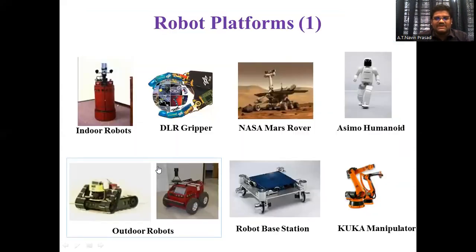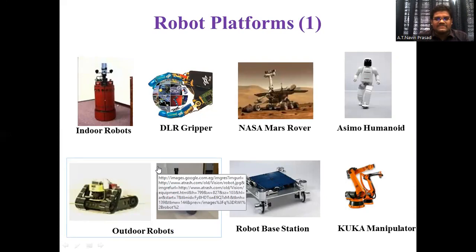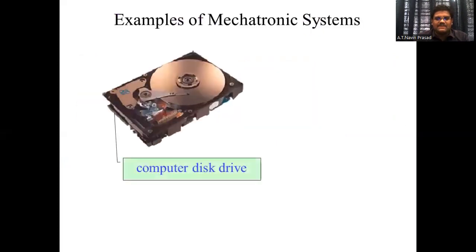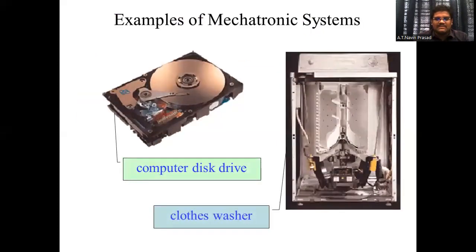So these are some of the robot platforms which we use in our daily life. For example, indoor robots, the NASA Mars rover, outdoor robots, etc. This is a best example of a mechatronic system. We need the computer disk drive, which is used for transferring information.